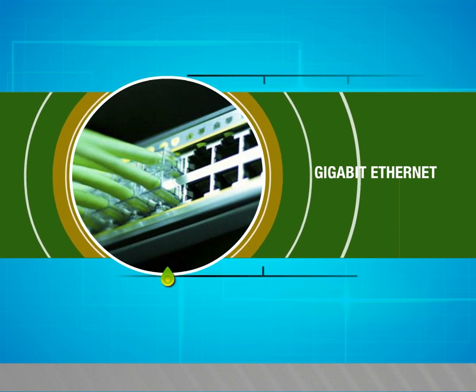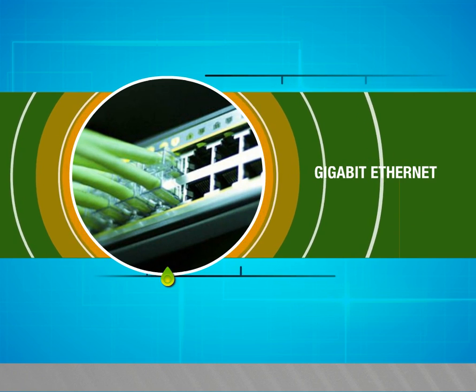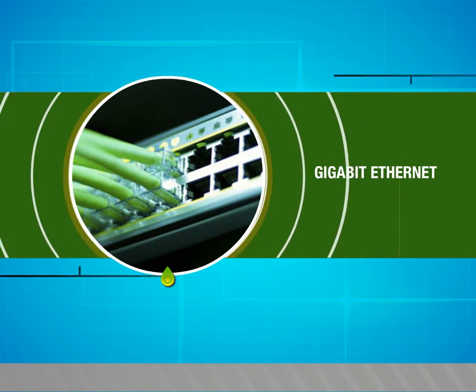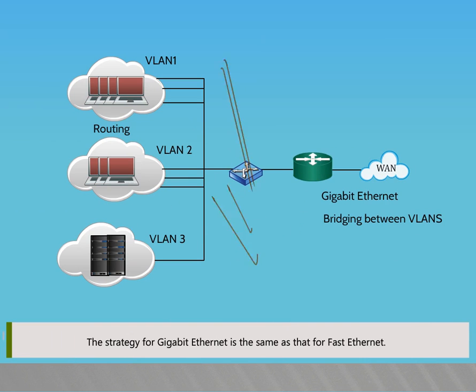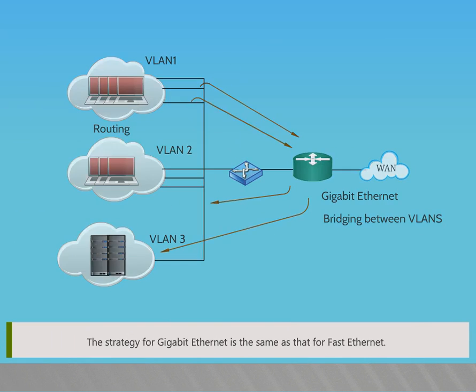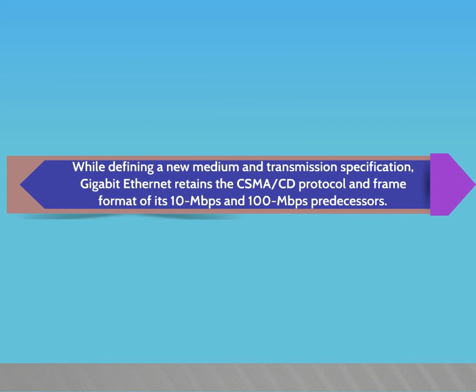Gigabit Ethernet. In this video, we are going to see about Gigabit Ethernet. The strategy for Gigabit Ethernet is the same as that for Fast Ethernet. While defining a new medium and transmission specification, Gigabit Ethernet retains the CSMA/CD protocol and frame format of its 10 Mbps and 100 Mbps predecessors.